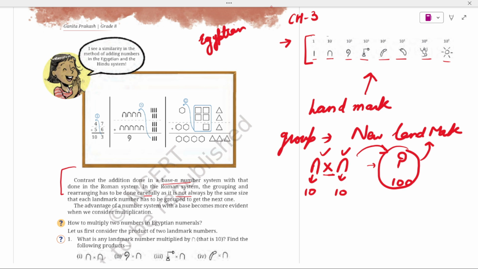Are you getting that? So this is the grouping and rearranging of the landmark numbers according to the base number system, and the Egyptian number system is a base 10 number system.